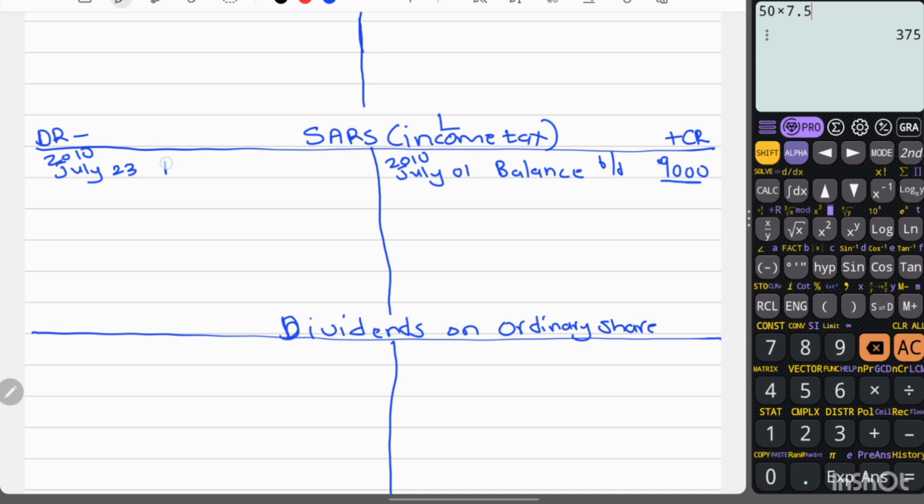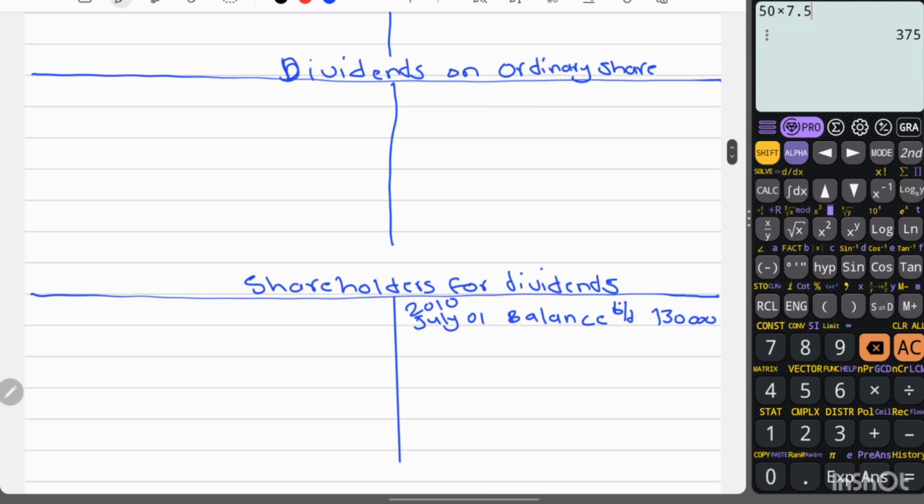And then when we pay, bank is affected. CPJ, how much were we owing? We were owing 9,000. We also paid our shareholders. We were owing them how much at the beginning of the year? We were owing them 130,000. But on 2010 July 23, we decided to pay them. How much? We pay them the money that we were owing, which is 130,000.